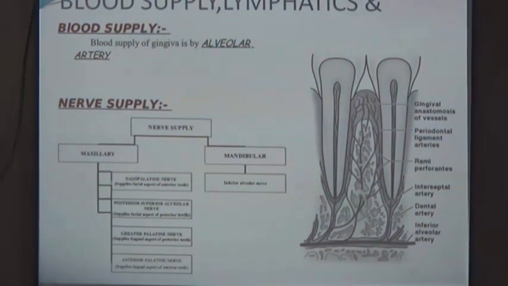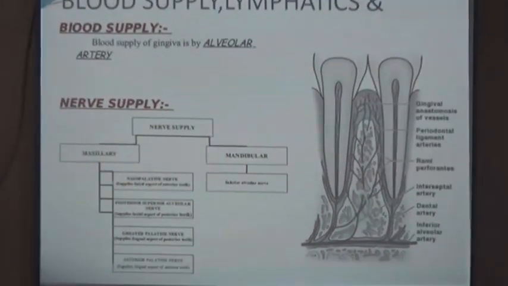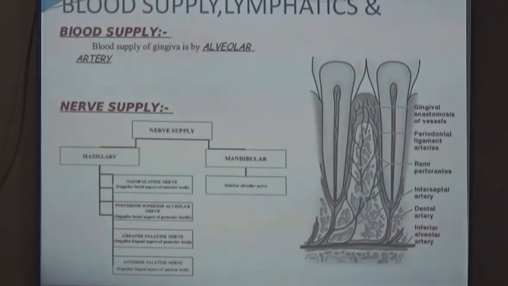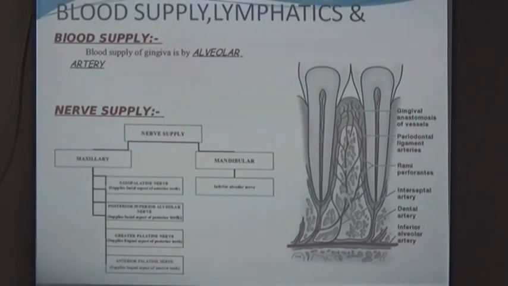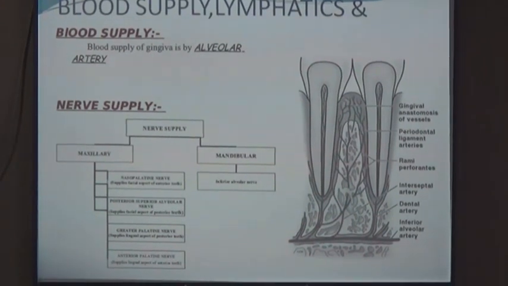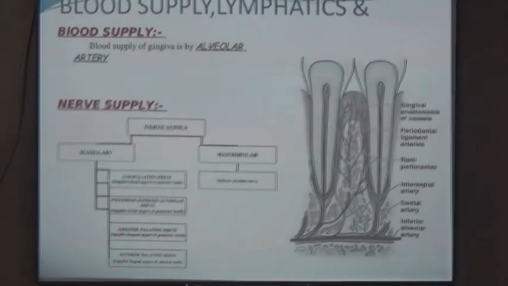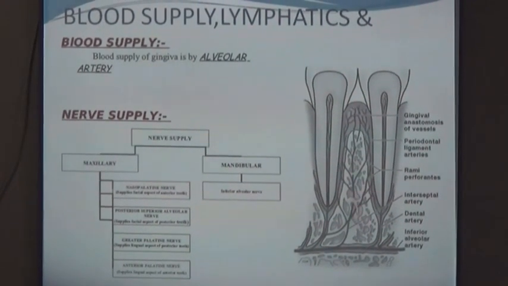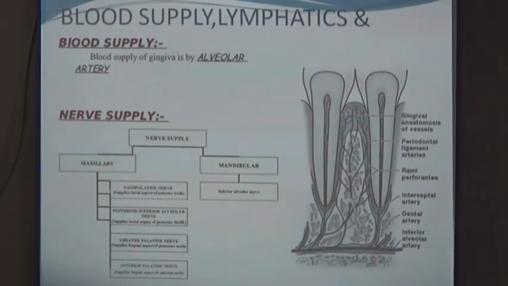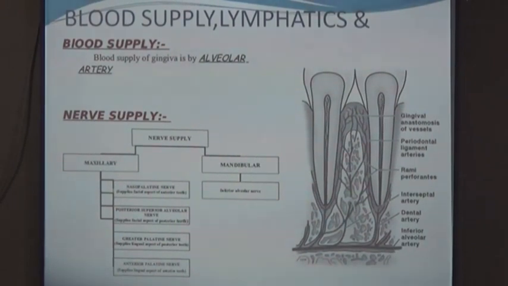Understood? First, nasopalatine for the anterior, posterior superior alveolar for the posterior. This is only the facial aspect I am telling about. Now we should go for the lingual aspect. Here, the greater palatine nerve supplies the lingual aspect of the posterior teeth. Is it okay? And the anterior palatine nerve supplies the lingual aspect of the anterior teeth.